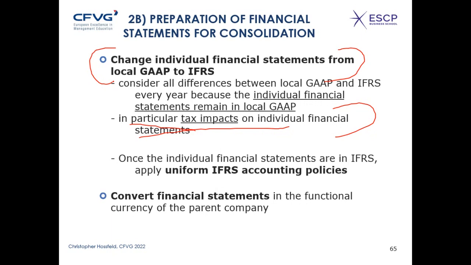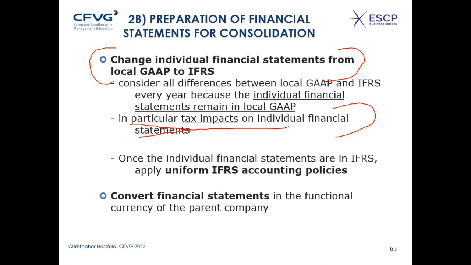And the Italian accountants know the difference between Italian accounting and IFRS. So it's much easier to do it on the subsidiary level instead of the parent company doing this, because that would mean you would need expertise on the parent company level for all the countries in the world where you have subsidiaries, which basically is impossible. So usually the subsidiaries are doing this change.